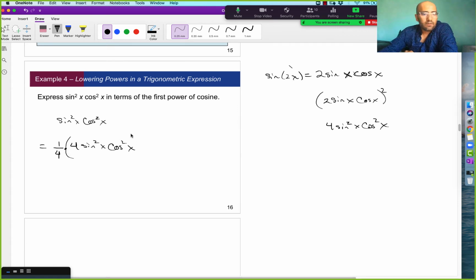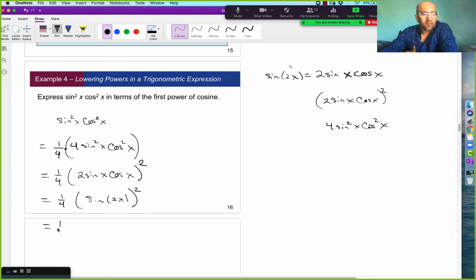But now this part in here looks like 2 sine x cosine x squared. And this ends up being 1/4 sine of 2x squared.